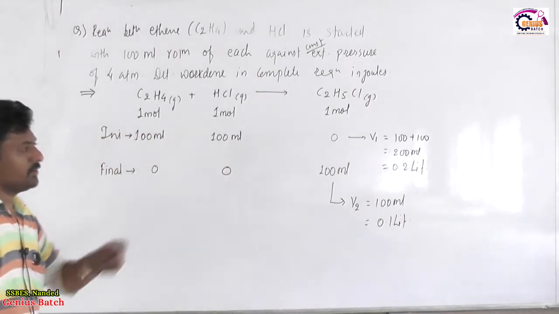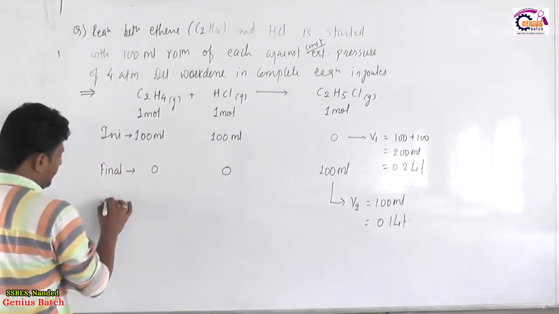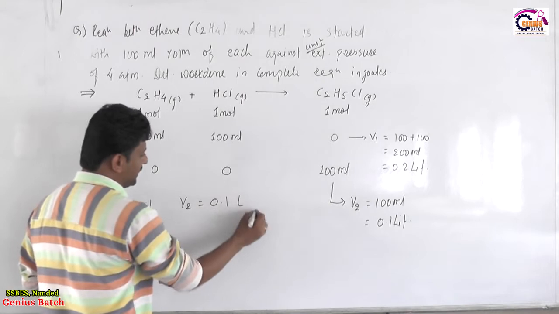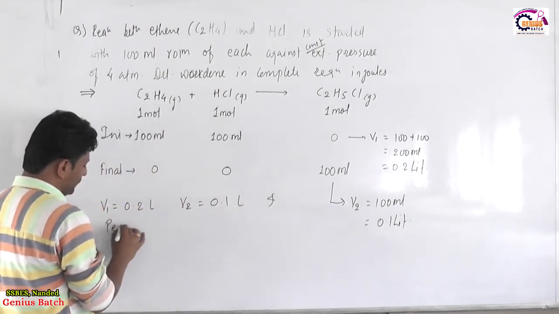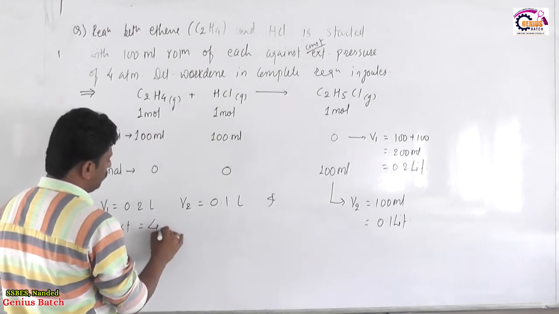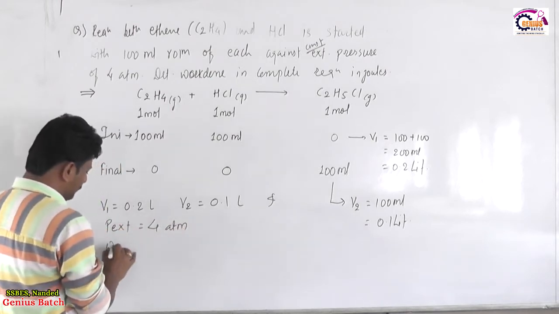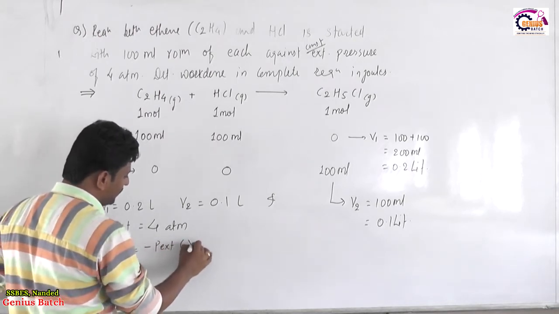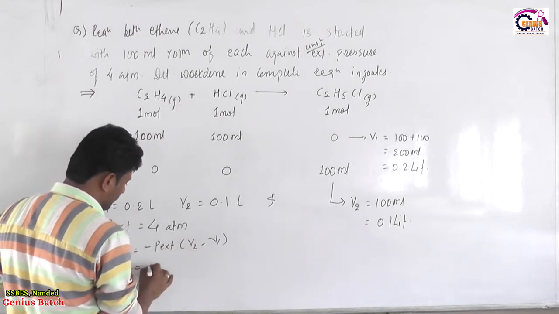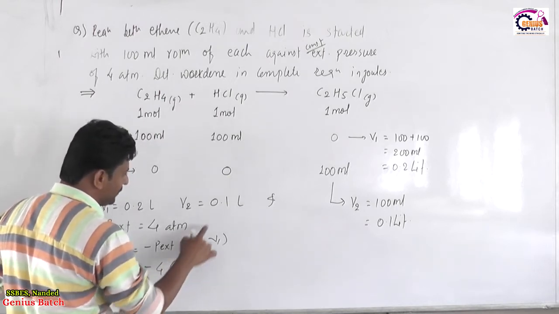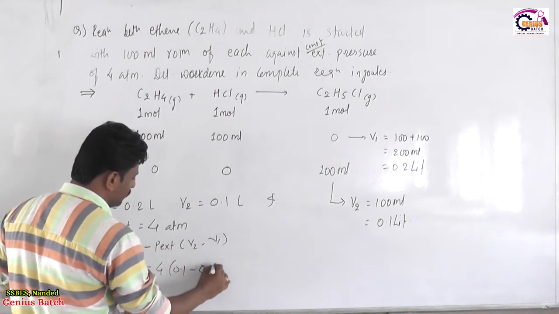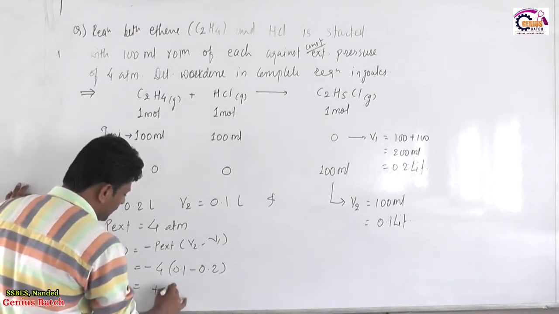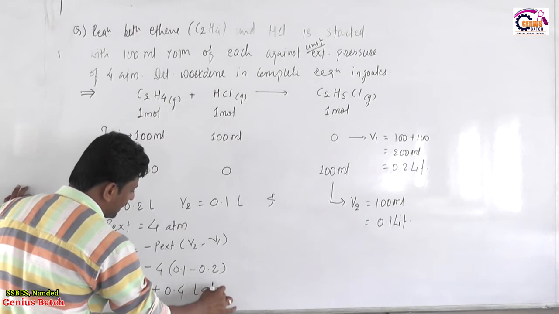Now from the progress of reaction we have 2 values. V1 is equal to 0.2 liter, V2 is equal to 0.1 liter, and P external is given, which is 4 atmosphere. Now it is easy to find out work done. W is equal to minus P external into (V2 minus V1), minus 4 into (0.1 minus 0.2). So this will be minus 0.1 multiplied by 4, so plus 0.4 liter atmosphere.